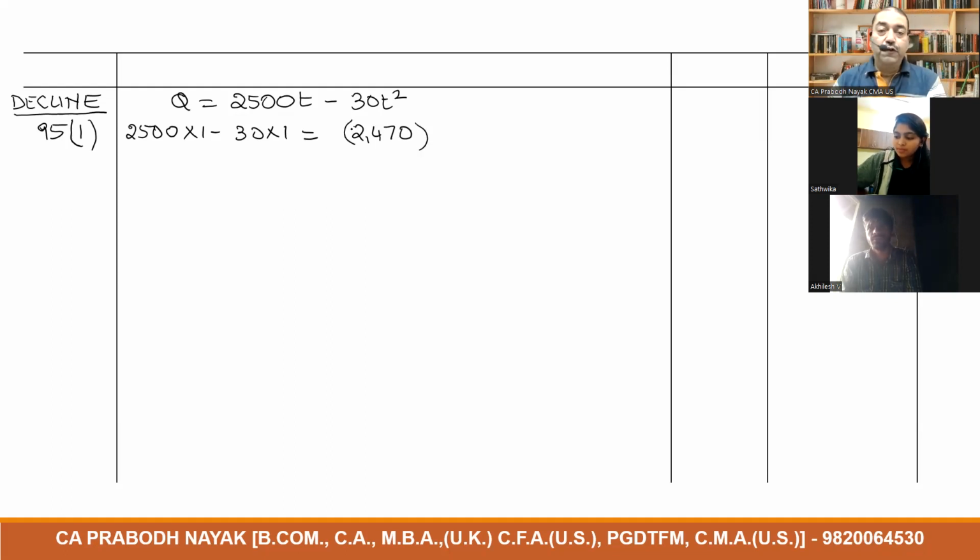We'll put it in bracket because this is not my company's demand. What is the total demand now? 21,500. So from total demand of 21,500, I minus 2,470. So how much is my demand? 19,030.